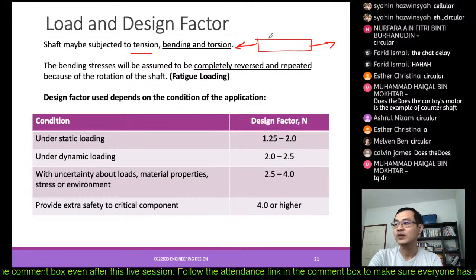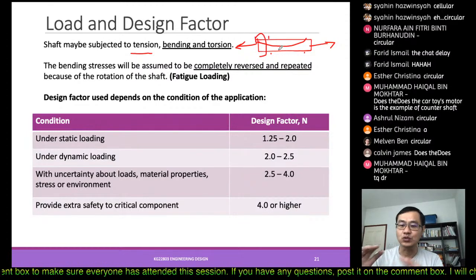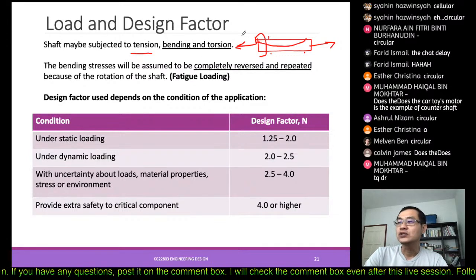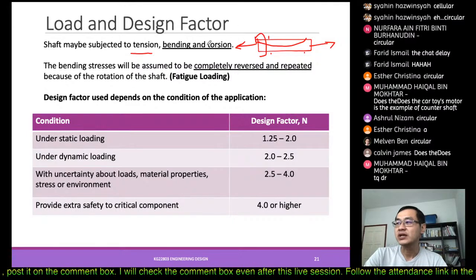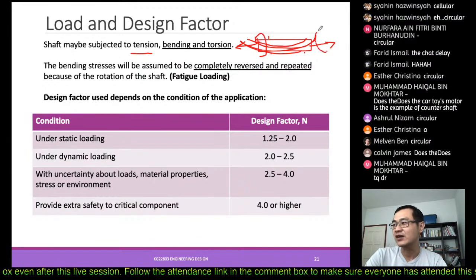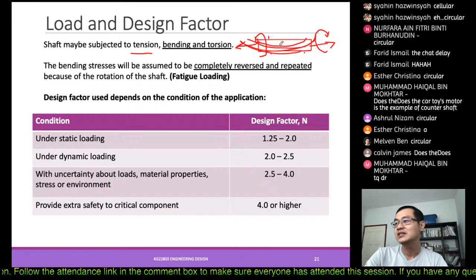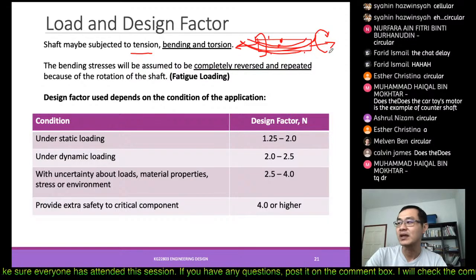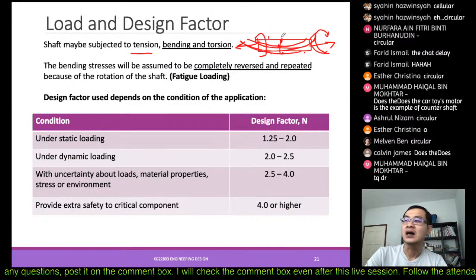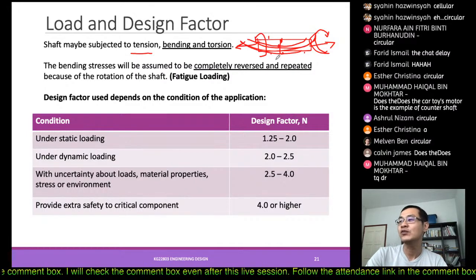So when we support this shaft, it tends to bend, and there is also a torsion because we rotate it, so it is twisting. For the bending stress, if it bends in this way, then when the shaft rotates, the upper part which was bent down previously will now move downwards, and the other side moves up.